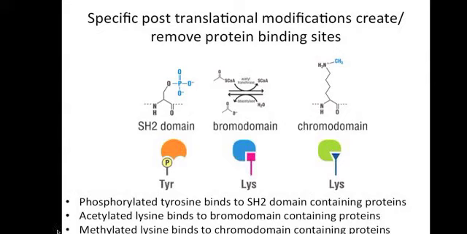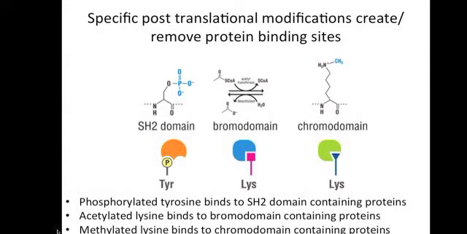The examples you should understand for the purpose of this class are acetylated lysine and methylated lysine, because histone tails are frequently acetylated or methylated, and that's what regulates chromatin structure and function. Here's your lysine on your protein, which would be your histone tail, and it gets acetylated.